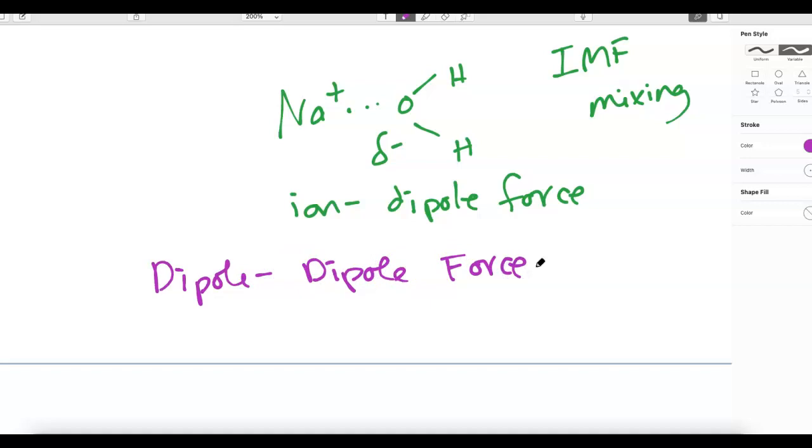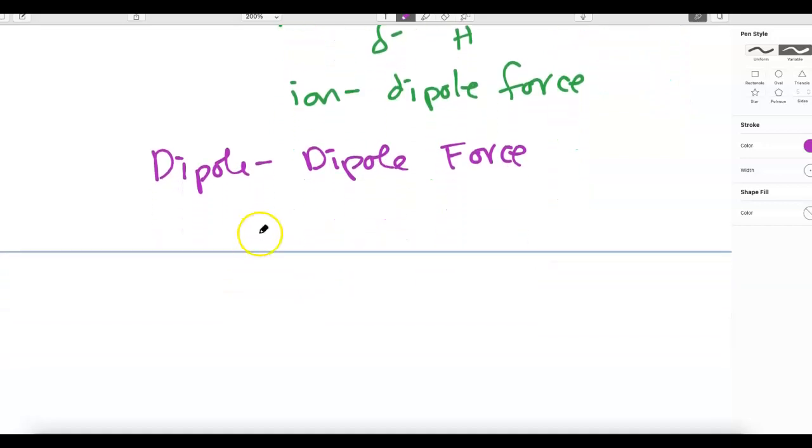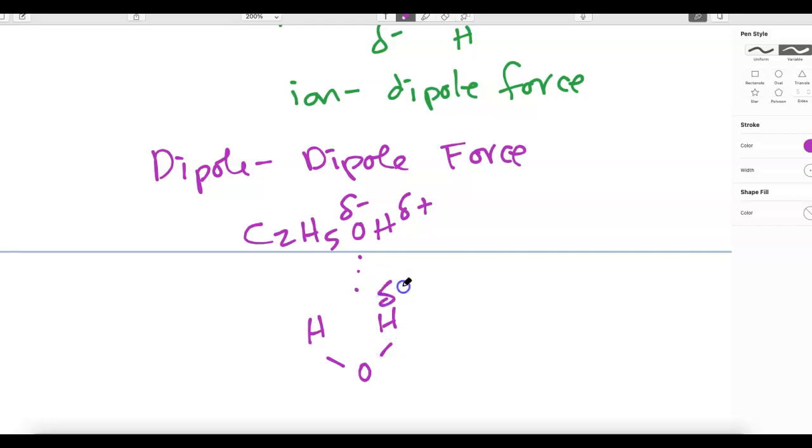So that would be something like, let's say, an alcohol. That's got a partial negative on the oxygen, a partial positive on the hydrogen, so it's going to be attracted to the corresponding partial positive end of the water through the oxygen and the oxygen end of the water through the hydrogen.